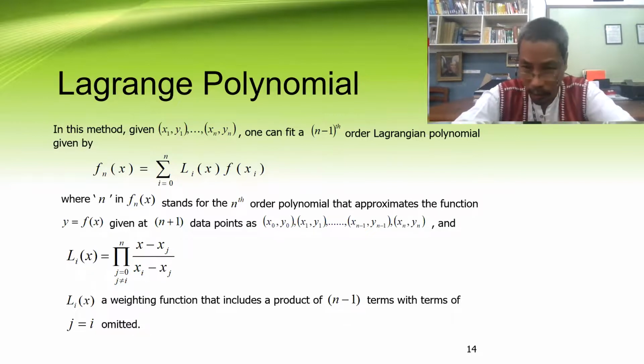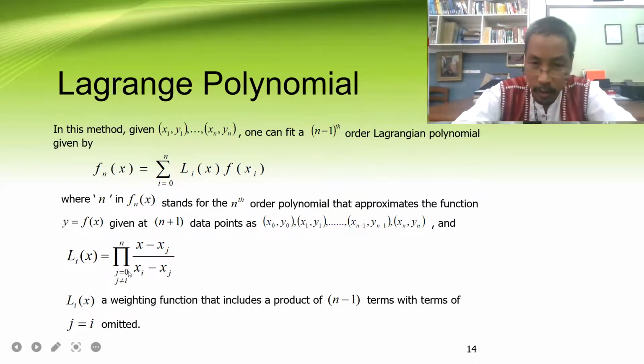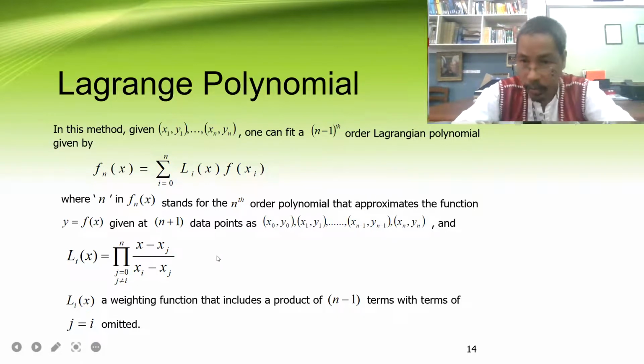Doesn't matter if you use i or j. What do we mean by this? Product of this term from 0 to N. Our N is 2 because we are having the nth order here. Second order, the N is 2. 0, 1, and 2. So here, we will have 0, 1, and 2 here.